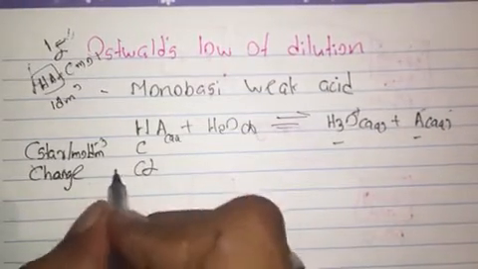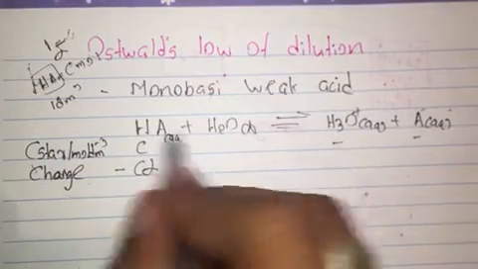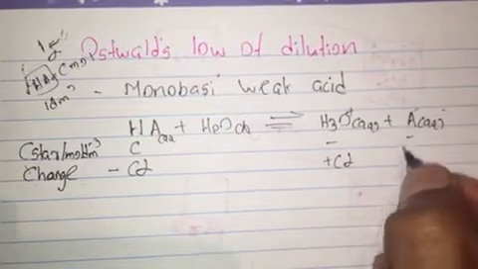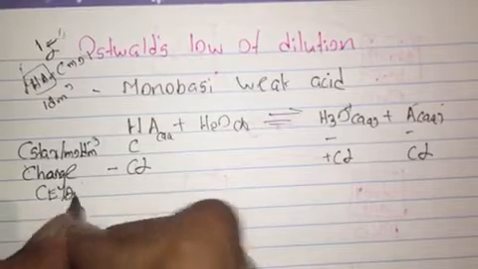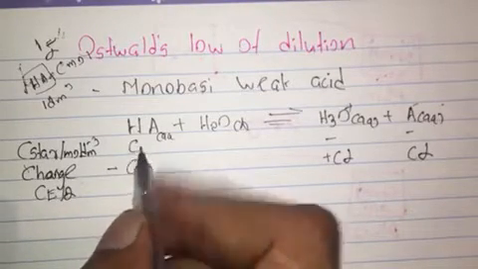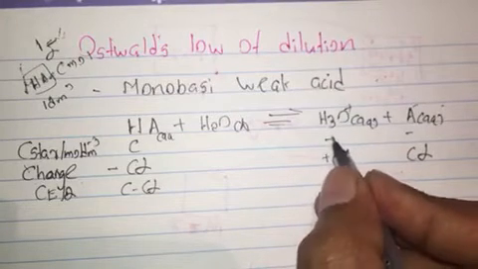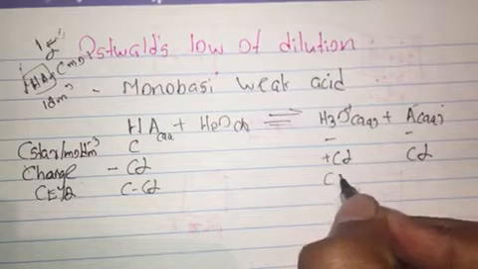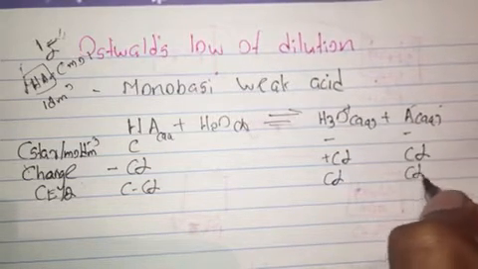Concentration change C alpha from HA, 1 to 1 ratio forming H3O plus C alpha and A minus C alpha. At equilibrium, concentration of HA is C minus C alpha, H3O plus starts at 0 and becomes C alpha, and A minus is also C alpha.